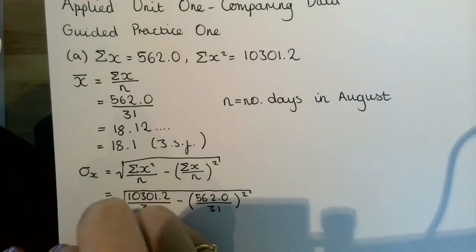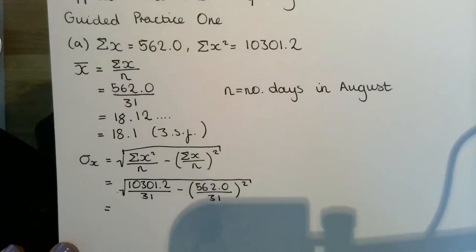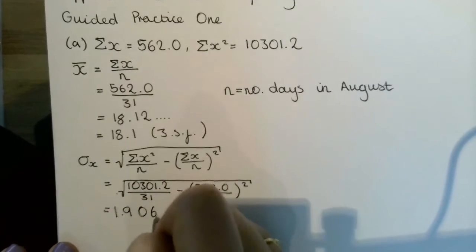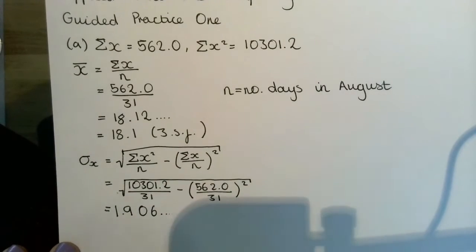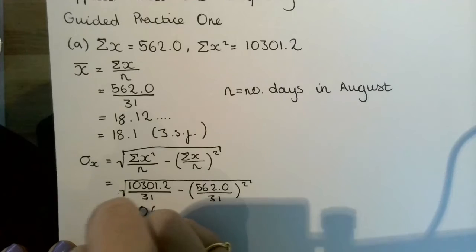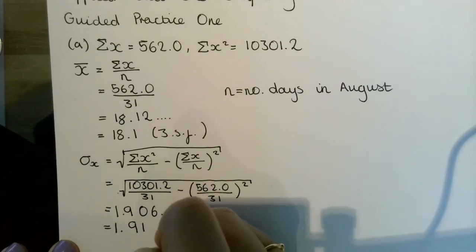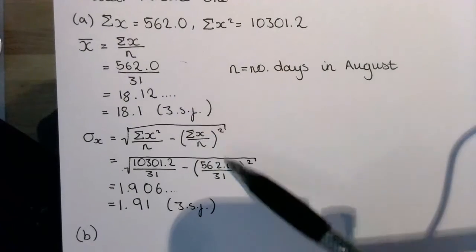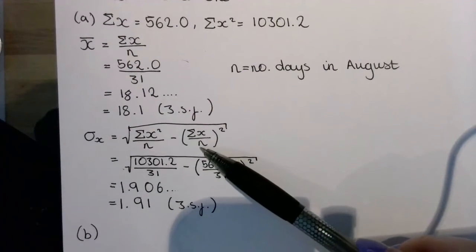Now I can just put that directly into my calculator and I get an answer of 1.906 and so on. And again, to 3 significant figures, 1.91. So here we've got our measure of location and we've got our measure of spread.